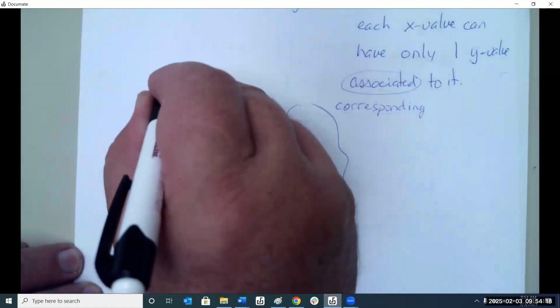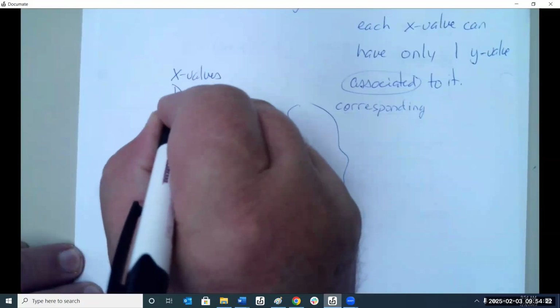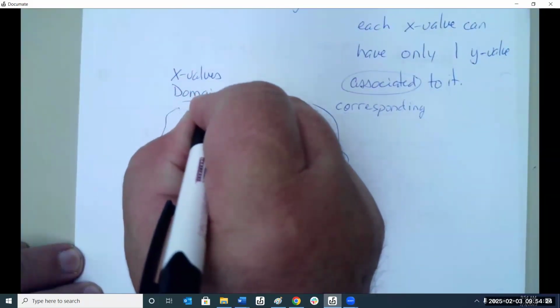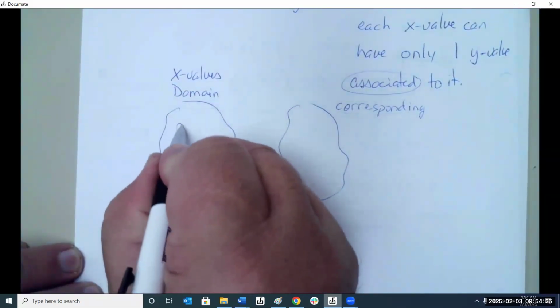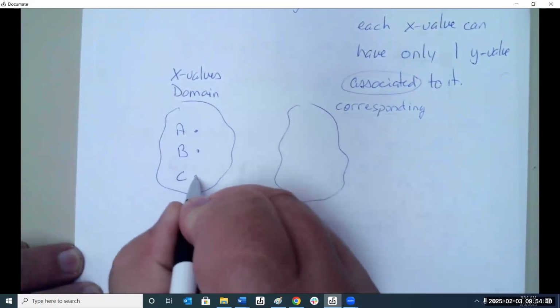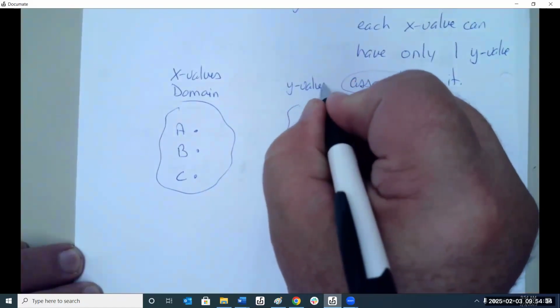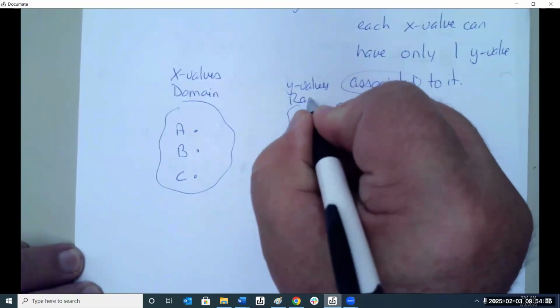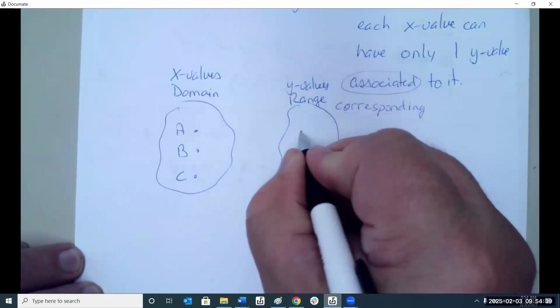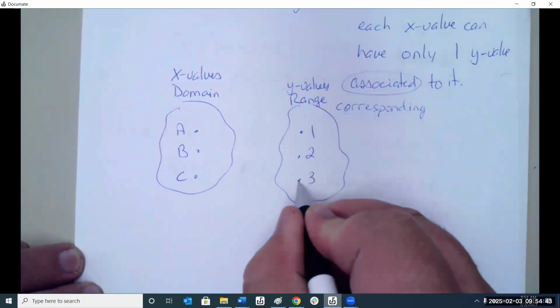Here you have your X values, which we call the domain. Let's call it A, B, and C. And here are our Y values, which we call the range. It goes to 1, 2, 3.